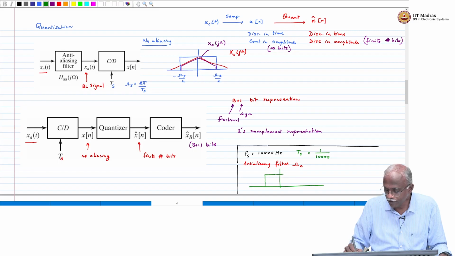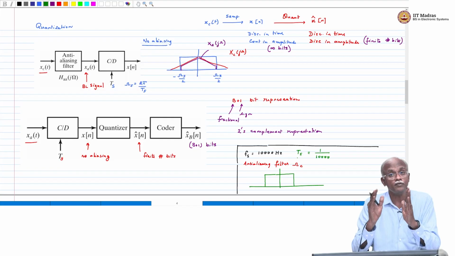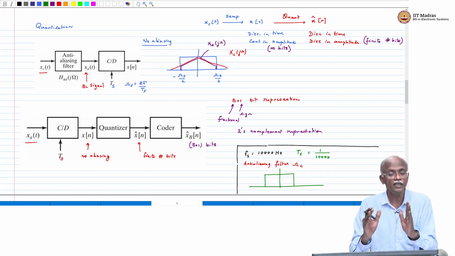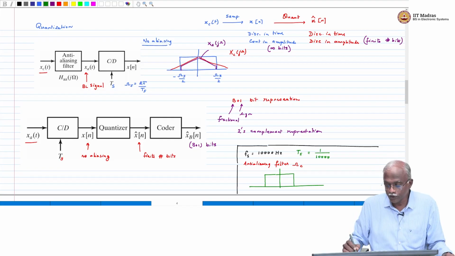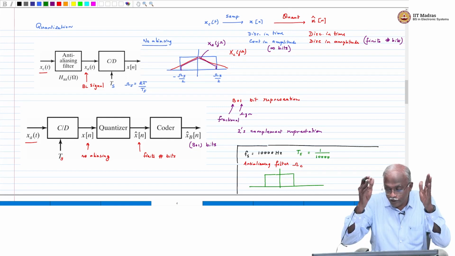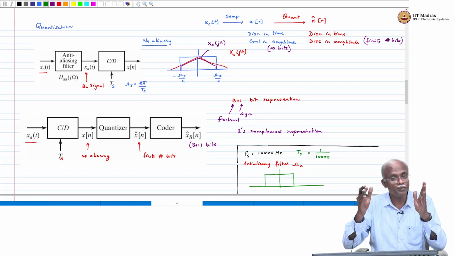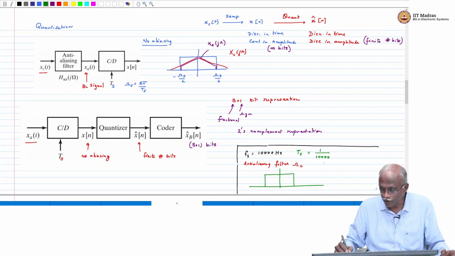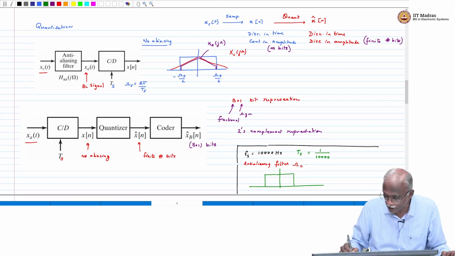Remember, our sampling frequency is 10,000 hertz. So, which means that the highest frequency that the signal can contain will be 5,000 hertz. So, the cutoff frequency of the anti-aliasing filter must be 5,000 hertz. If you convert that into radians, it will be 2 pi times 5,000, which is the same as 10,000 pi.